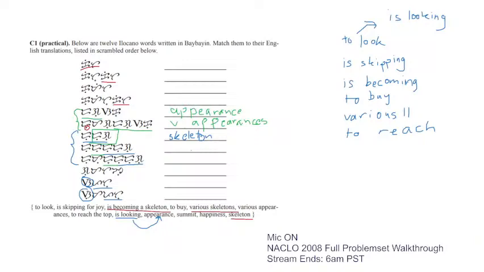So then this, then I'm going to assume this one means various skeletons. I'm just going to say V skeletons because it's a lot to write out. Okay, we'll say this is various skeletons. And then we can assume this one is becoming a skeleton.